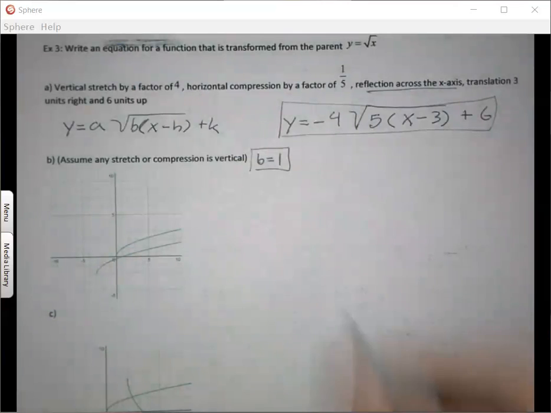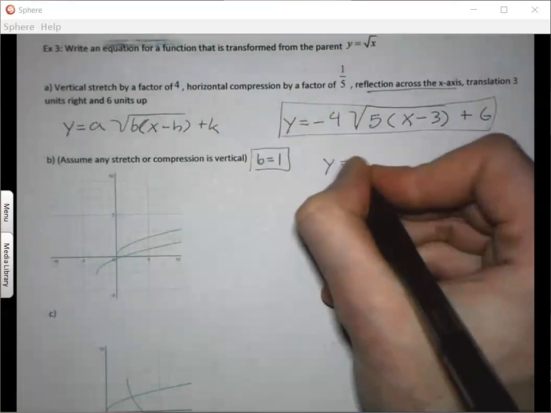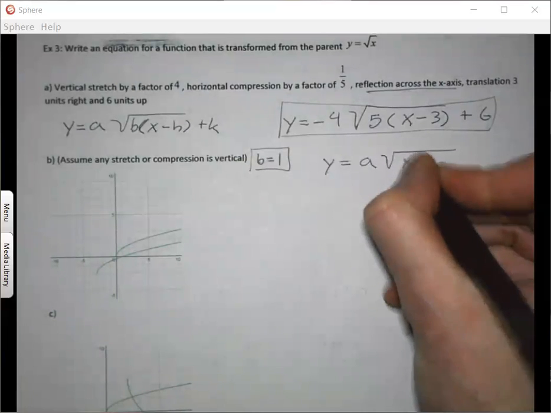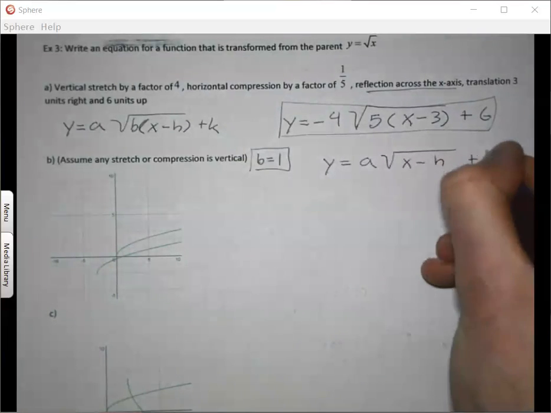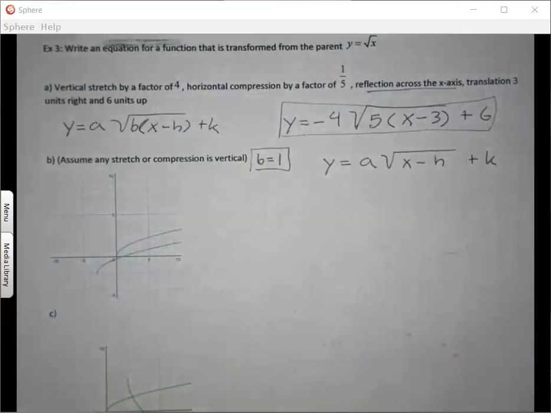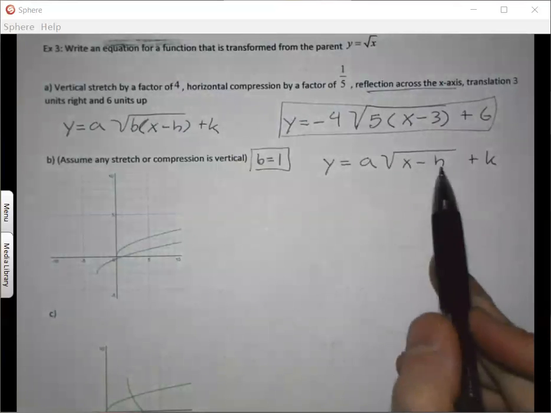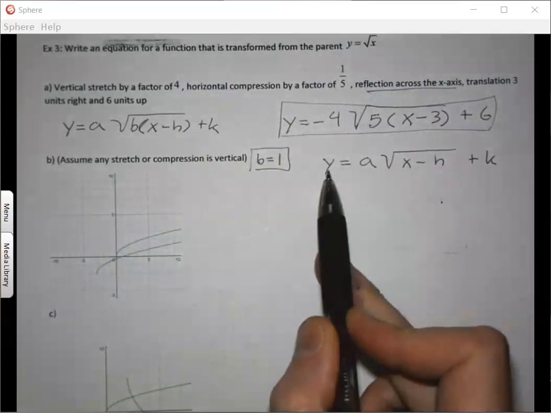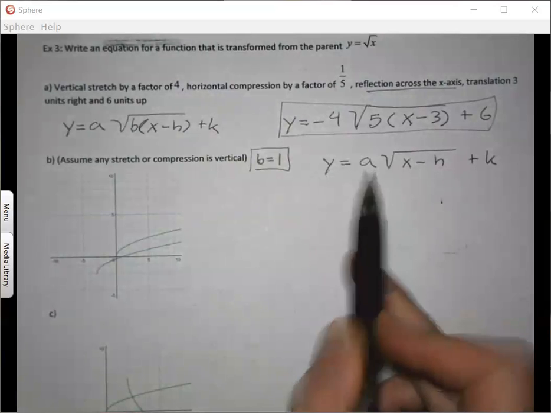So that means our equation will just be y is equal to a square root x minus h plus k. So our strategy is going to be find the origin, which is going to give us the hk, find one other point on the graph, it'll give us xy, plug in, solve for a.